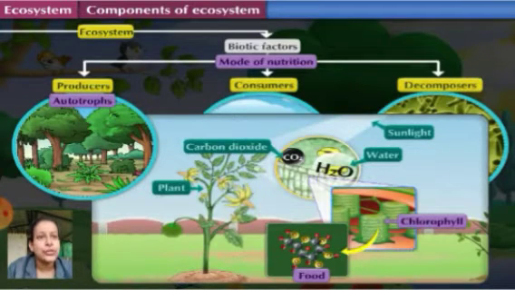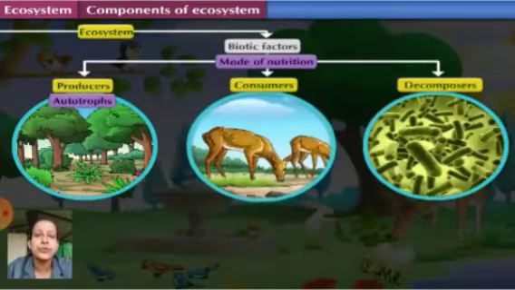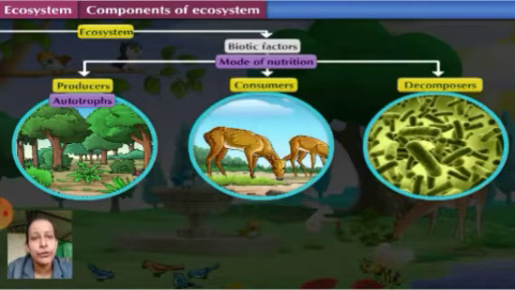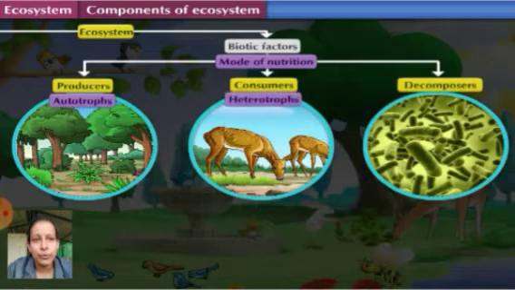So plants use these abiotic factors, and since they prepare their own food, they are also called producers or autotrophs.